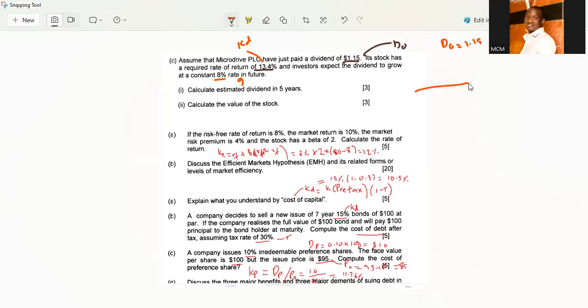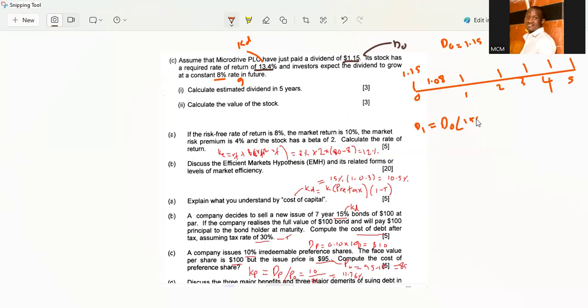So I gave a shortcut of evaluating these growths. The dividend started at 1.15 in year 0. Then year 1, year 2, year 3, year 4, year 5. And the growth rate is 8%, so you just multiply by 1 plus g. So 1 plus g is 1.08. So what is the dividend D1? You can use the number line, or you can use the normal long cut.